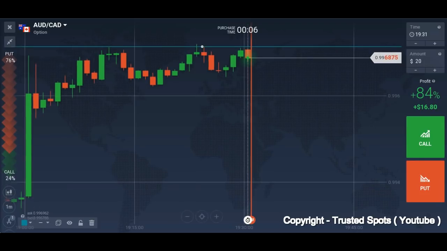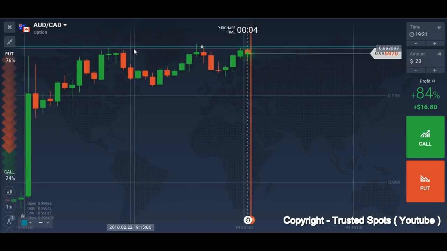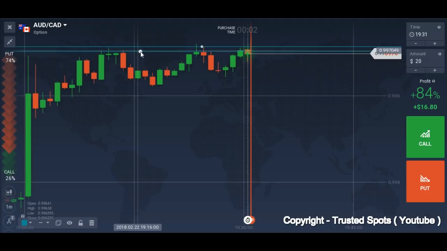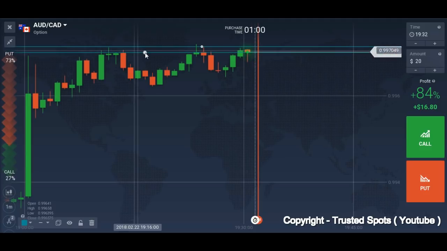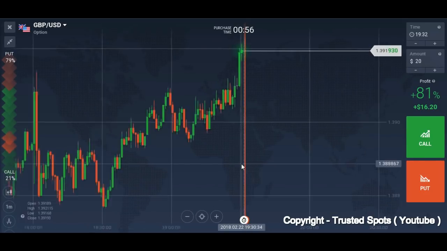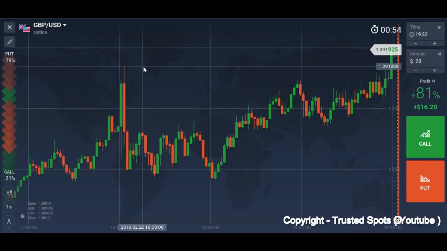We have extreme levels here. We will wait for a breakout here, and in that case this is a breakout.